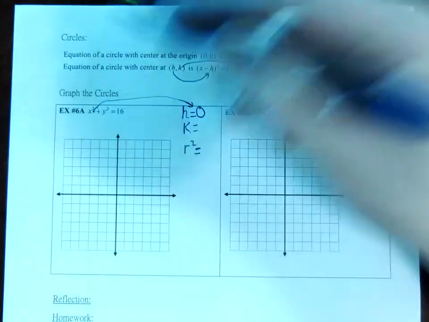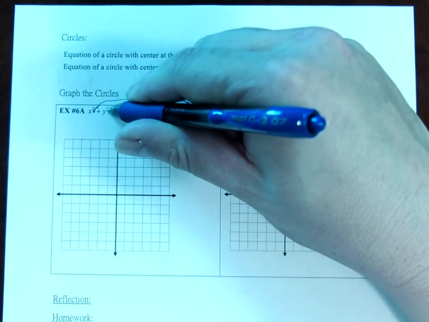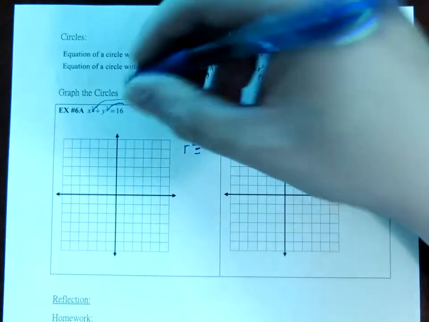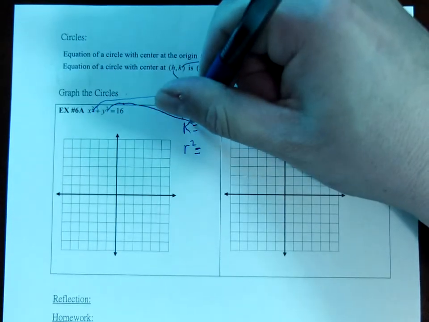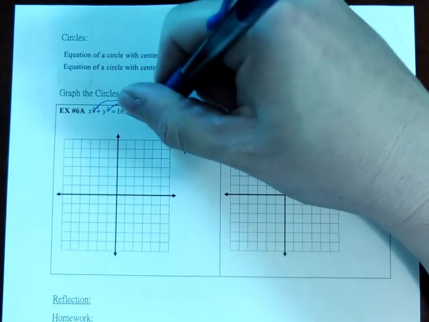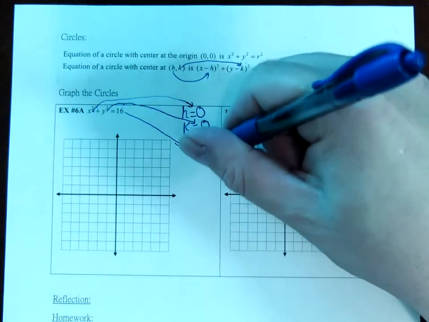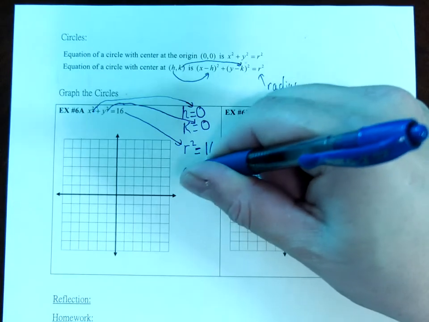There's nothing next to this x value. The similar thing happens with this y. Next to this y value is what the k value is. Now because there's nothing next to that y value, that's a 0. And then this is r squared. So after I do that, underneath that, I'm going to write down what the center is.